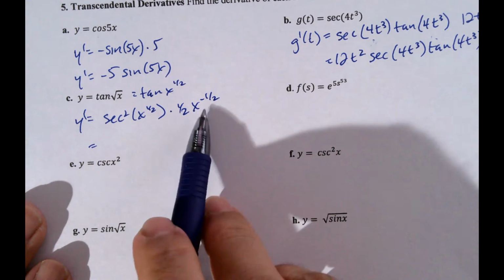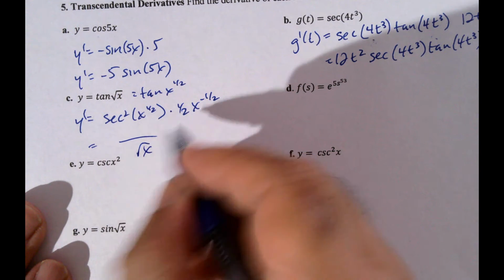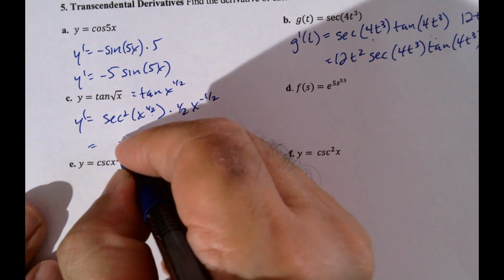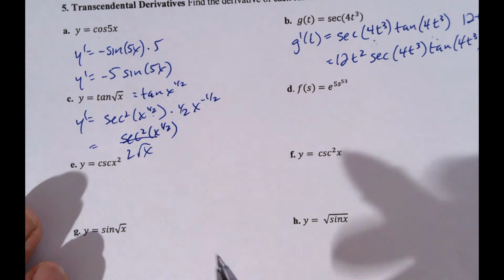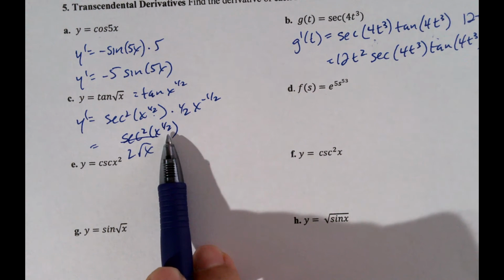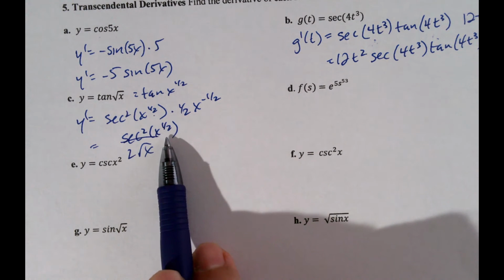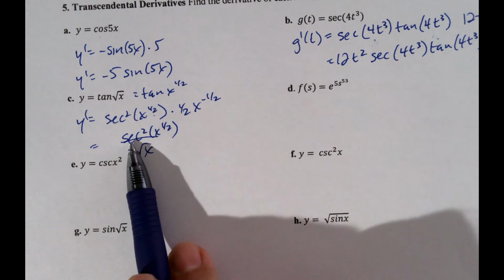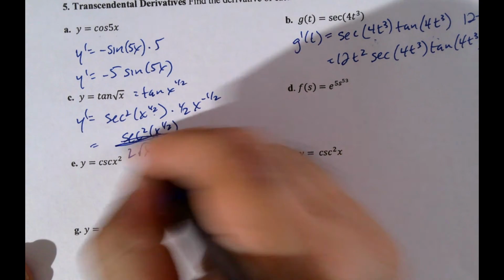So the x to the 1/2 goes to the denominator, so square root of x, and that 2 joins it, and I have secant squared of x to the half. Now, some of you might be thinking, can I take this square, the x to the 1/2? No, you may not. That exponent is on secant. It's not on x to the half. That exponent of 2 is on the secant, not x to the 1/2, not the angle. And that's a fraction part of it.